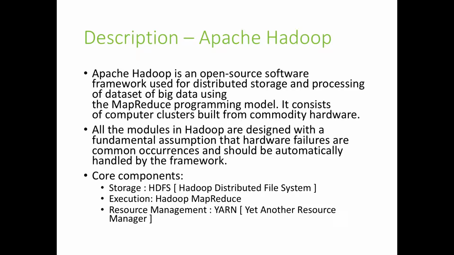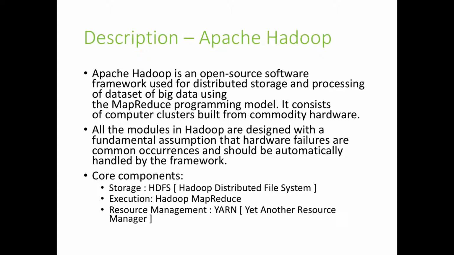Any execution engine, even your computer, has two fundamental things: one is the processing unit, which is the CPU, and second is your storage, which could be memory or RAM. In the same way, a distributed computing platform needs storage and an execution engine.